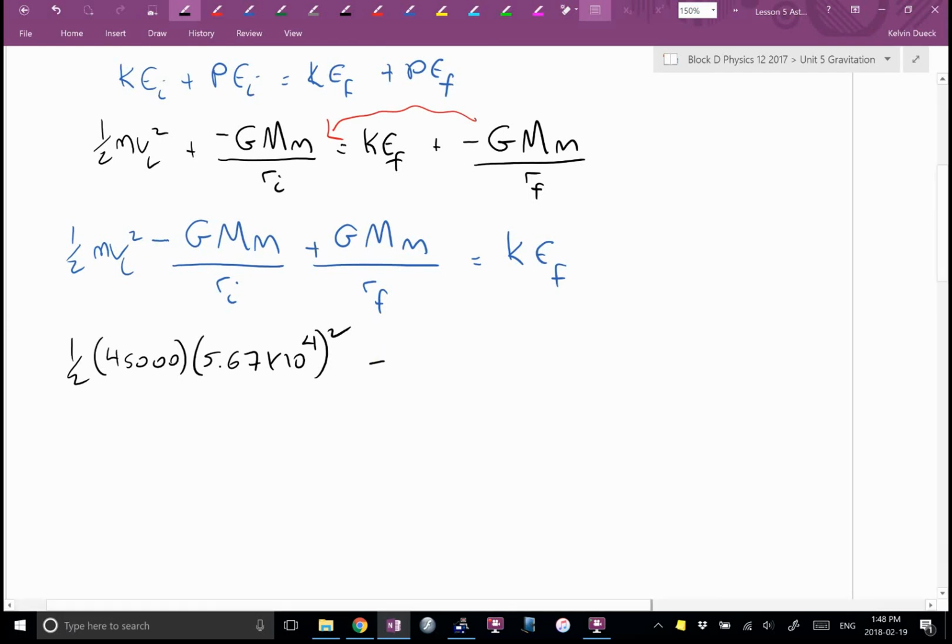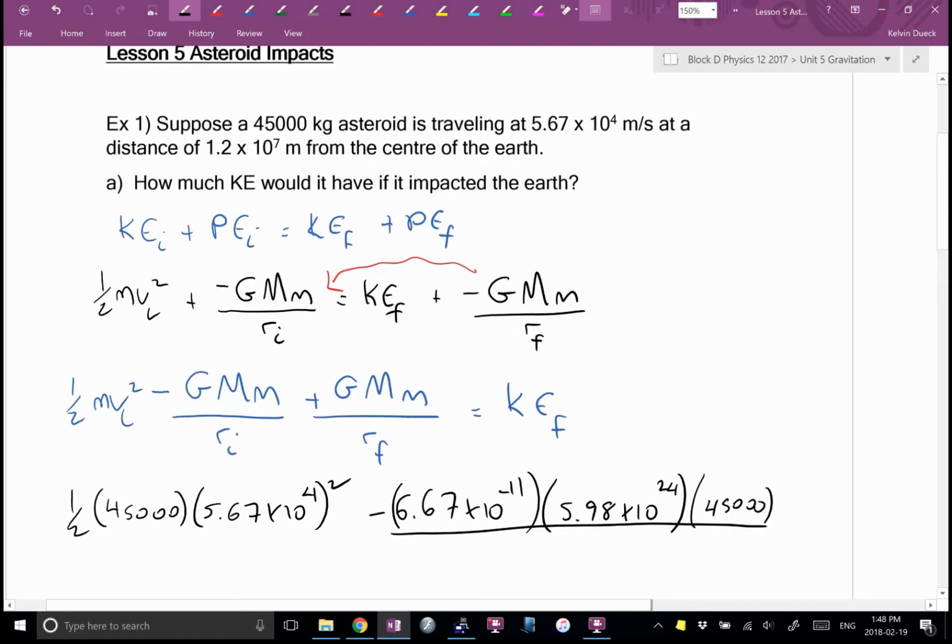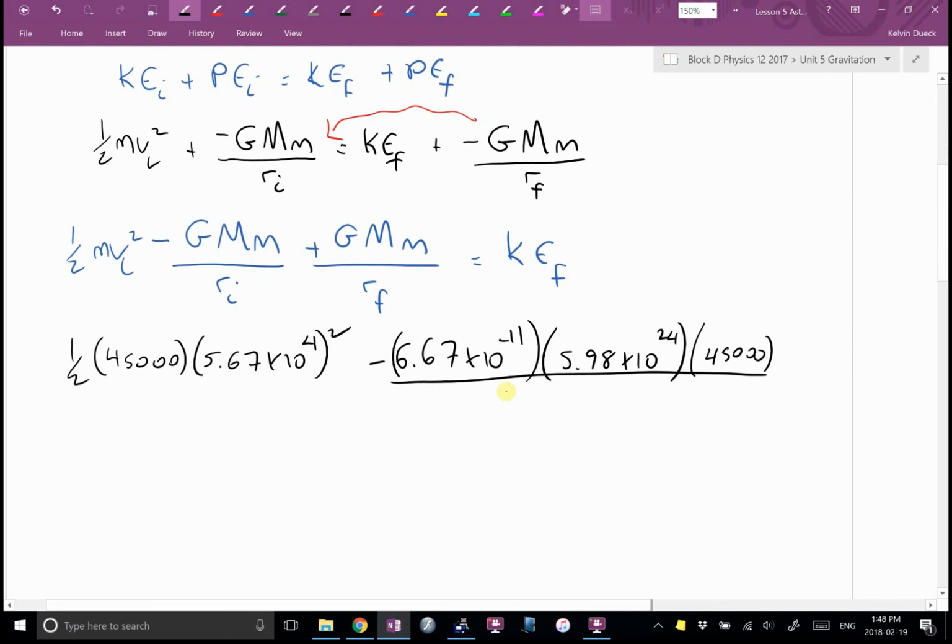Minus 6.67 times 10 to the negative 11. Are we around the Earth, or does the question say a different planet? 5.98 times 10 to the 24th. 45,000, our initial, and it was a radius they gave us because they gave it from the center of the Earth. So 1.2 times 10 to the 7th.